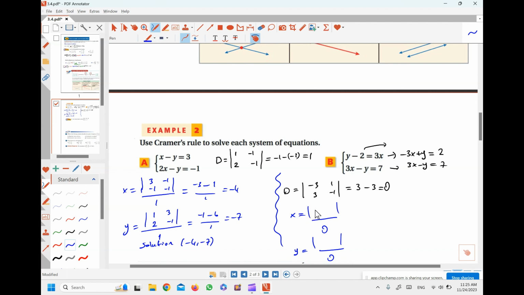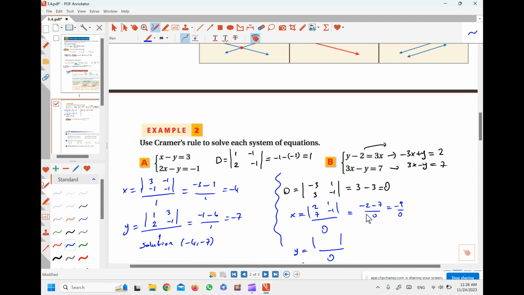For x, in place of the coefficient of x's, we will write the constants, 2, 7, as one column. For the coefficient of y's, we will write 1 and negative 1. Now compute the determinant, 2 by negative 1, negative 2, minus 7 by 1, 7, over 0, negative 9 over 0, a number over 0, undefined. Let's see if we have a 0 over 0 situation here or a number over 0.